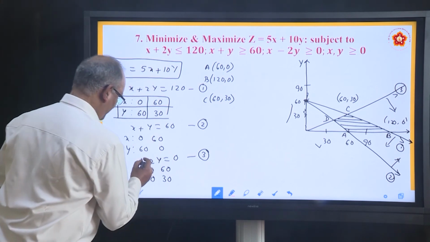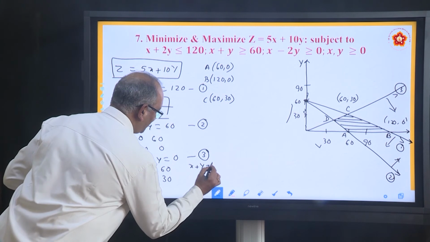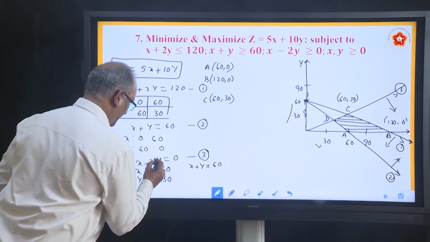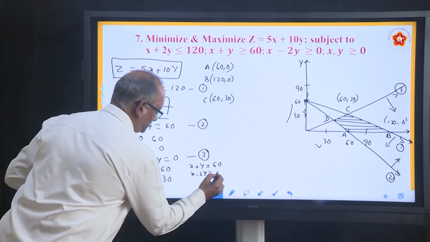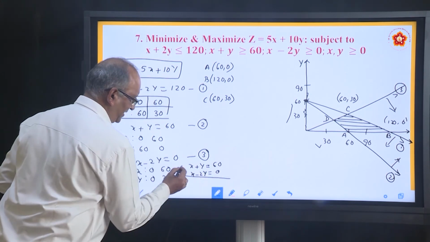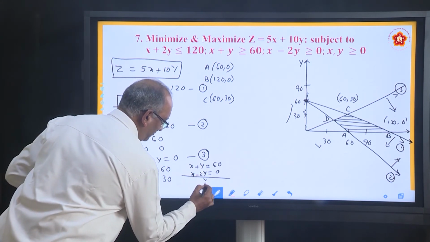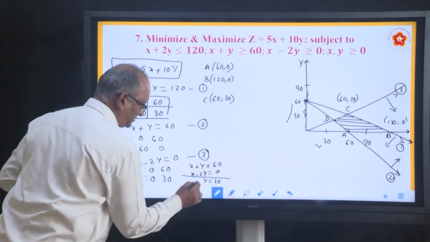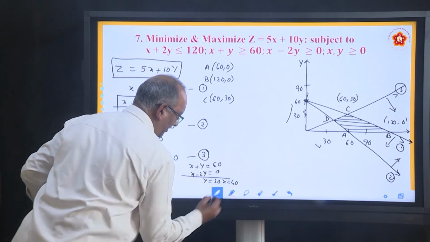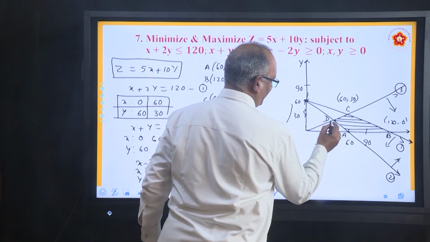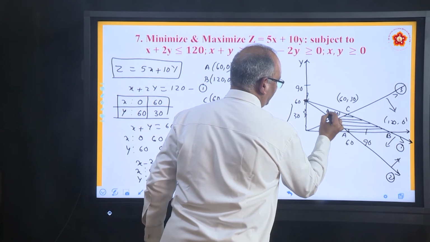X plus y equal to 60 and x minus 2y equal to 0. Subtract, x minus x is 0, it will become plus 3y equal to 60, y equal to 20. If y is 20, x will be 40. So this point is 40, 20.